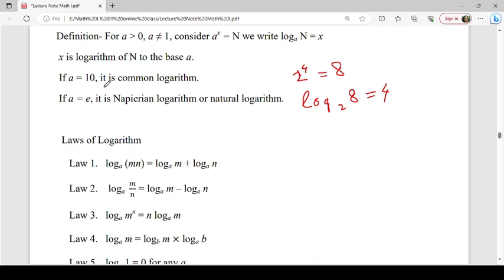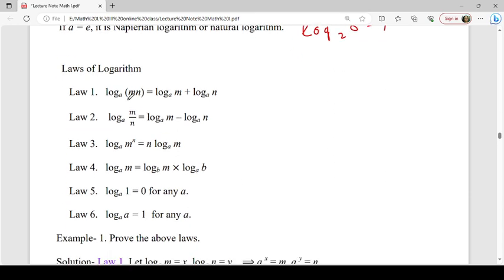If the base is 10, we say it is the common logarithm. If the base is e, then we say Napierian logarithm or natural logarithm. And these are the laws. So log of mn to the base a, the base must be the same. This is log m to the base a plus log of n to the base a.